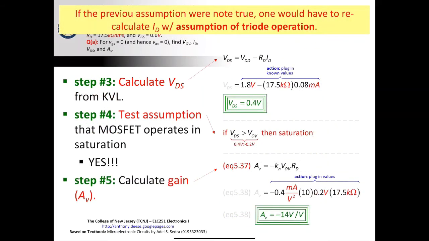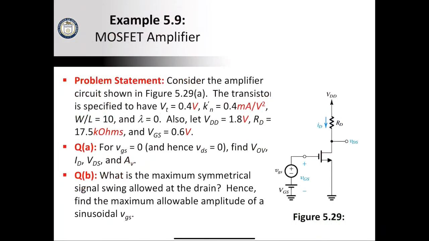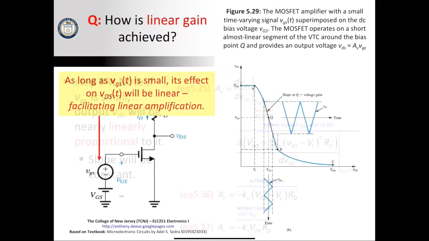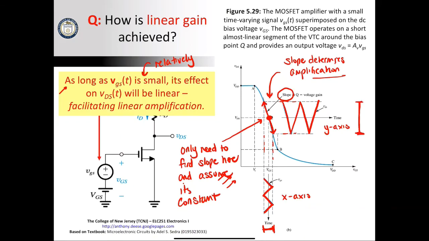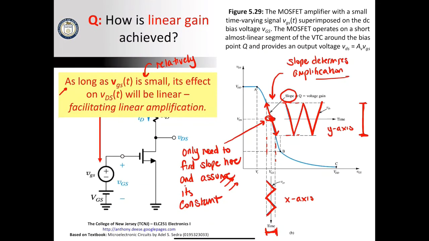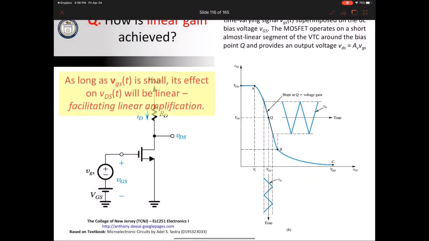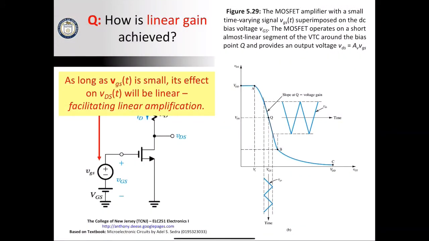If we're here and they ask what the maximum swing is, what they're saying is, how far can I move in either direction and stay in the saturation region? That's the maximum swing of the input. So that's here to here and here to here.